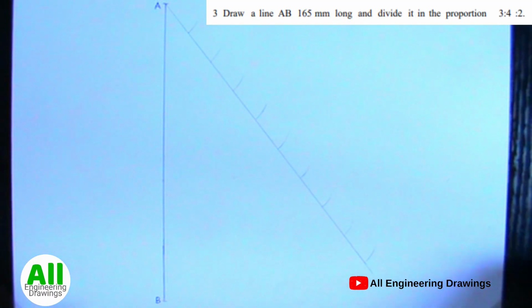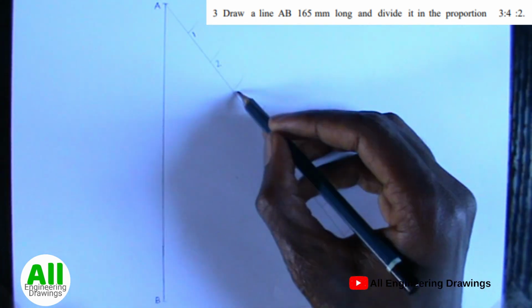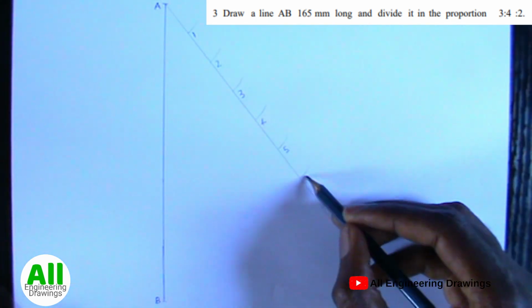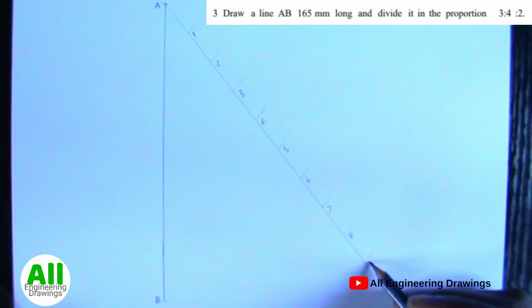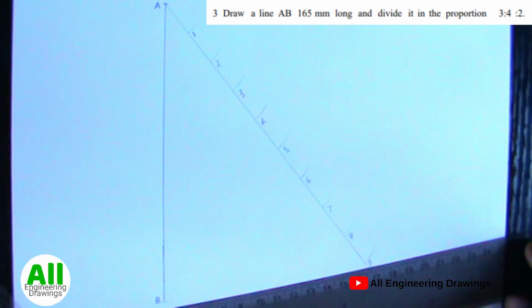So I will number the points, that is the 9 points. After the numbering, I will join point B and point 9.